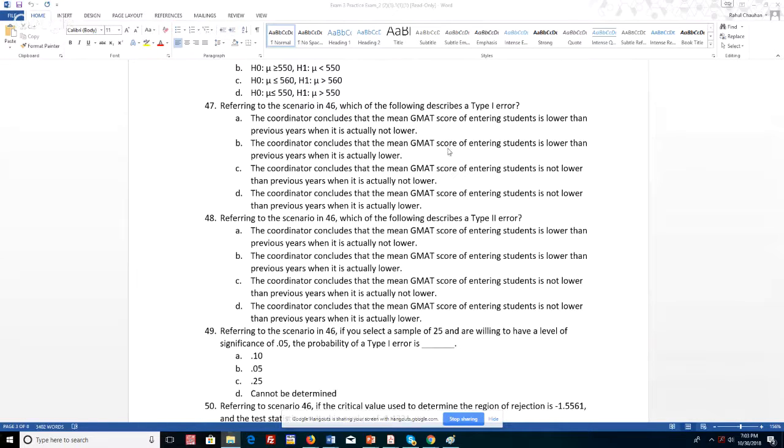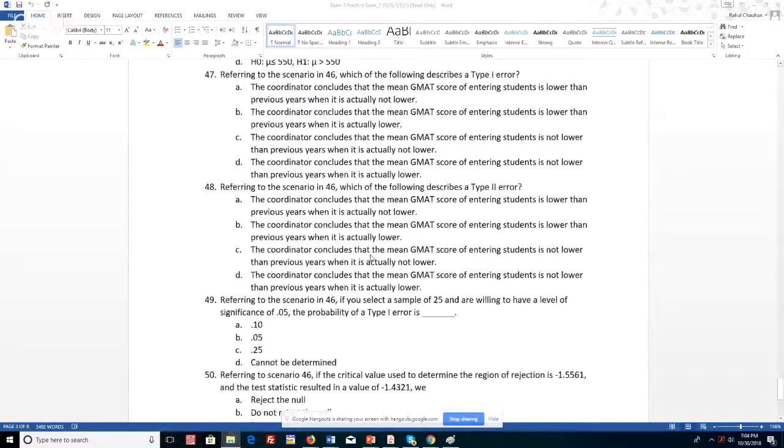The coordinator concludes that the mean score of students is lower than previous years when it is actually lower. That's a correct decision. The coordinator concludes that the mean GMAT score of entering students is not lower than previous years when it actually is not lower. That's actually a correct decision as well. And the coordinator concludes that the score of entering students is not lower than previous years when it is actually lower. So that's a type 2 error, saying something's not there when it actually is.